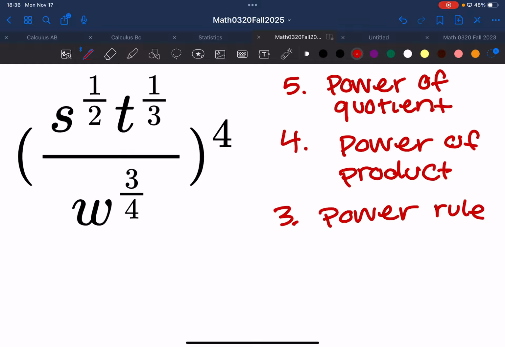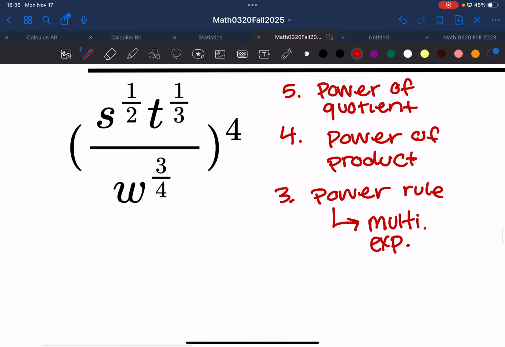Power of quotient because we have a fraction. Power of product because the numerator is multiplying s and t. And power rule because the power rule states we are going to do what with the exponents? Multiply. Multiply the exponents.